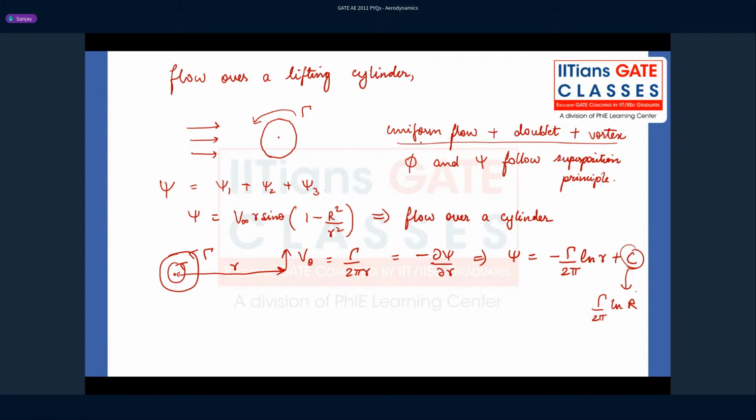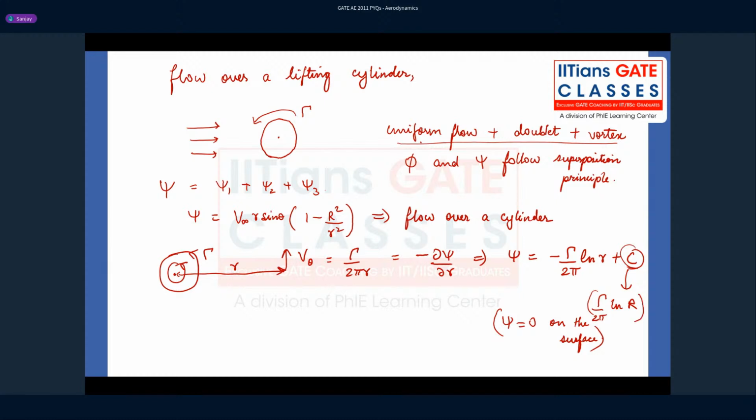Why is this chosen like that, guys? This is purposely chosen so that your psi is equal to 0 on the surface of the cylinder. To satisfy this condition, they have chosen the constant gamma by 2 pi ln R.